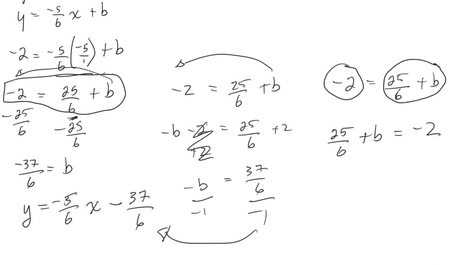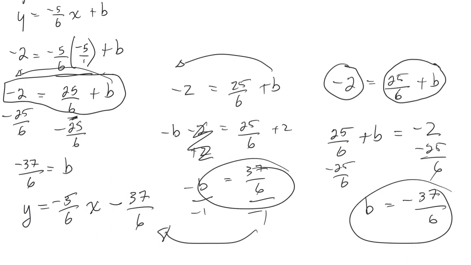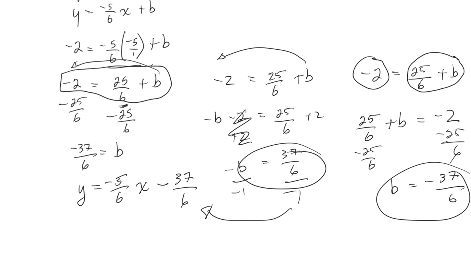So you can do a wholesale swap where you just move everything and don't change signs, keep them as they are. Okay, and then here I'd want to subtract 25/6, subtract 25/6. So b is going to be equal to -37/6. So you get the same answer regardless of which way you do it, but you just have to be careful with those negative signs. All right, hopefully that helps.